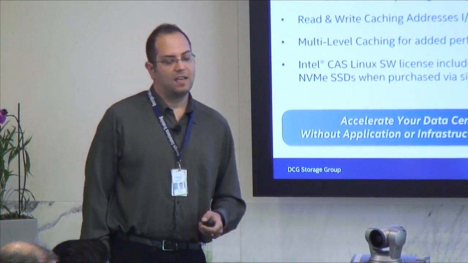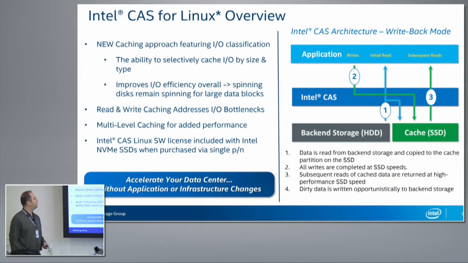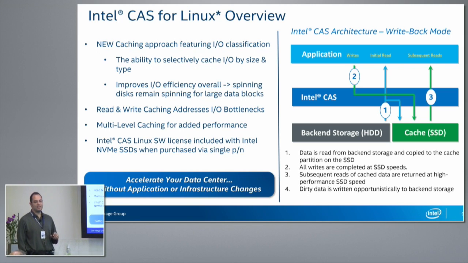All right, so this is to cover some of the features of the software. The latest thing is this new I/O classification capability, so the ability to selectively cache I/O by size and type and give it a priority. That'll let you improve your overall I/O efficiency.